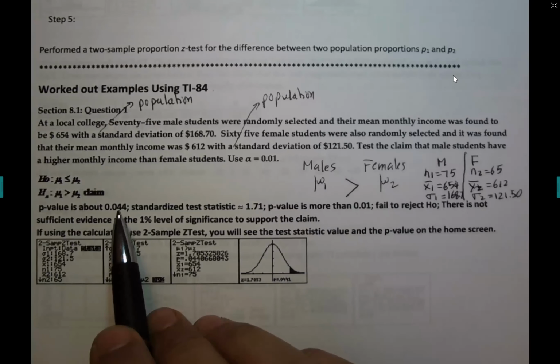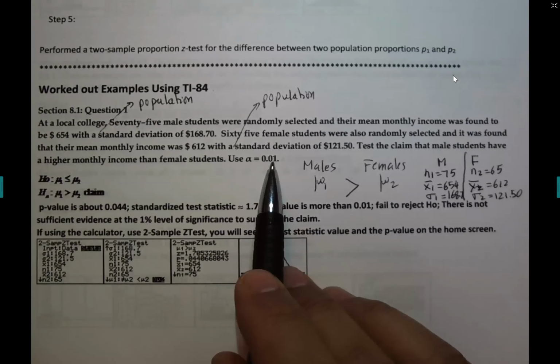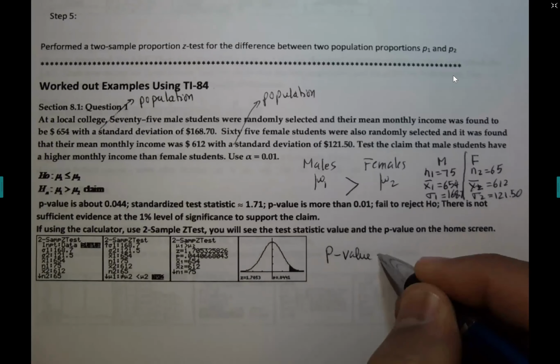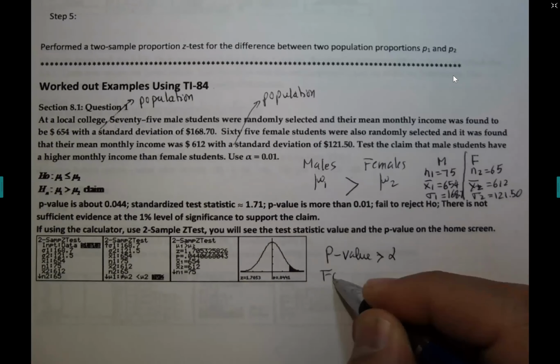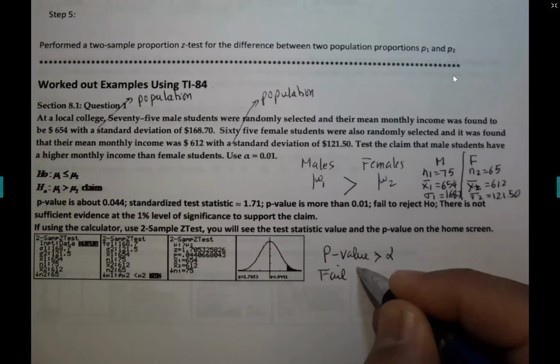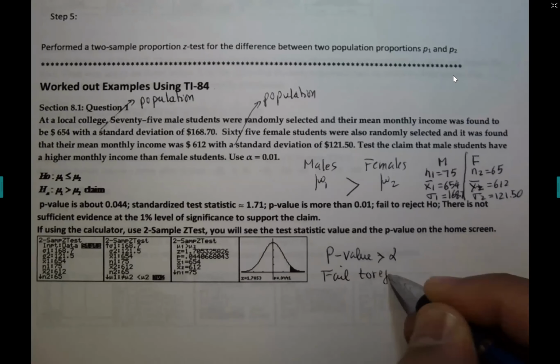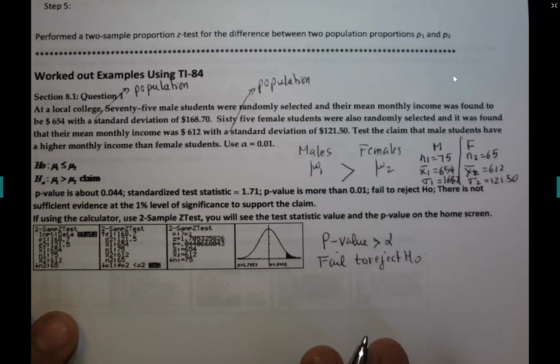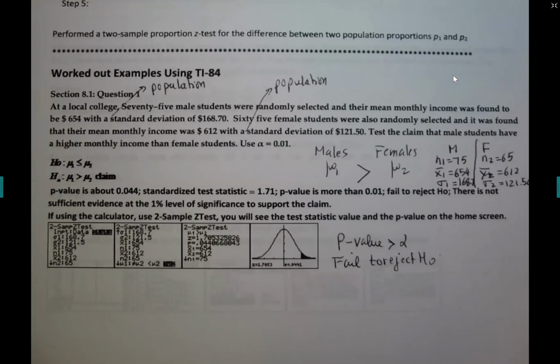And what is alpha? 0.01. You agree with me that the p-value is more than alpha here? So you're going to fail to reject H0. Okay. If you fail to reject H0, what is your conclusion? Let me go back to my yellow sheet from yesterday.